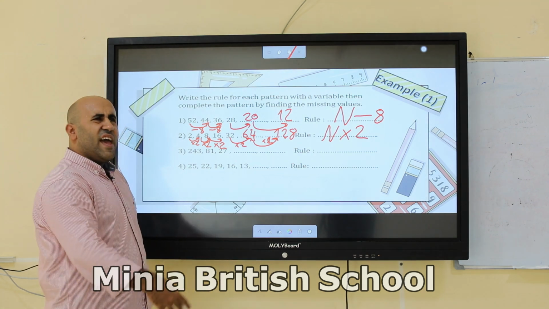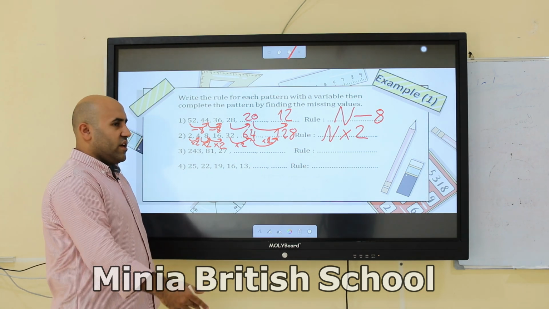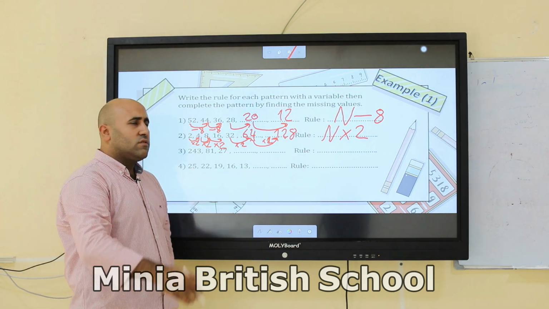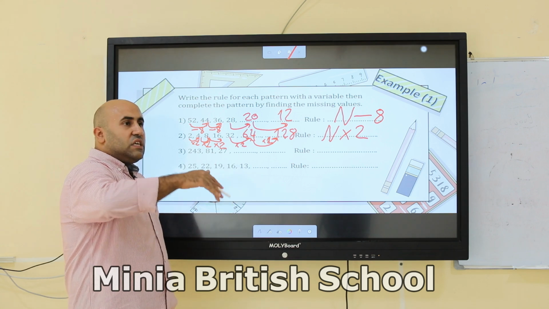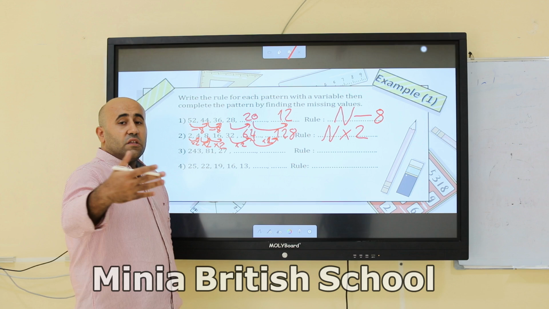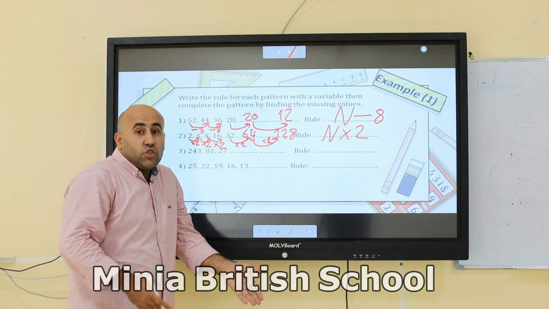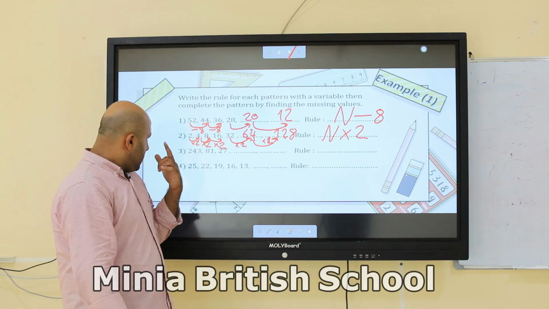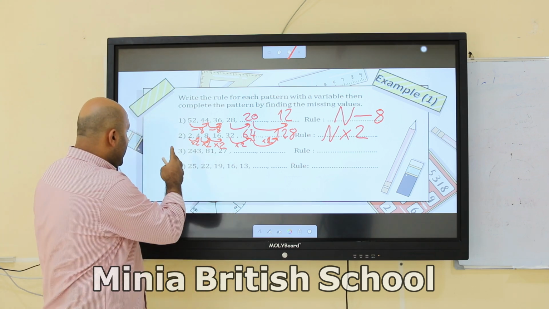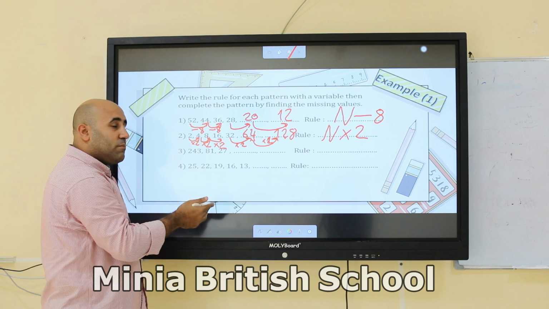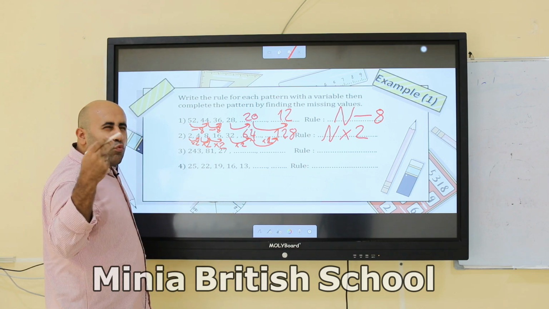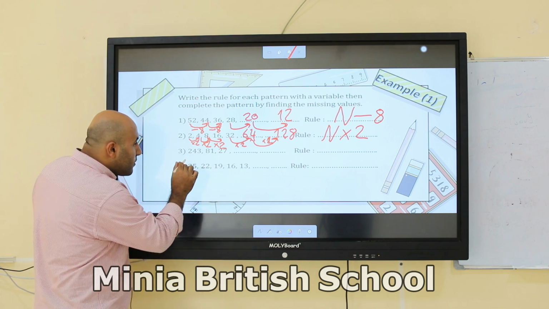243, and then 81, and then 27, and so on. You see, all the numbers decreased in each step, so it might be subtraction or division. There is no one rule that can describe this pattern in the case of subtraction. But what about division?